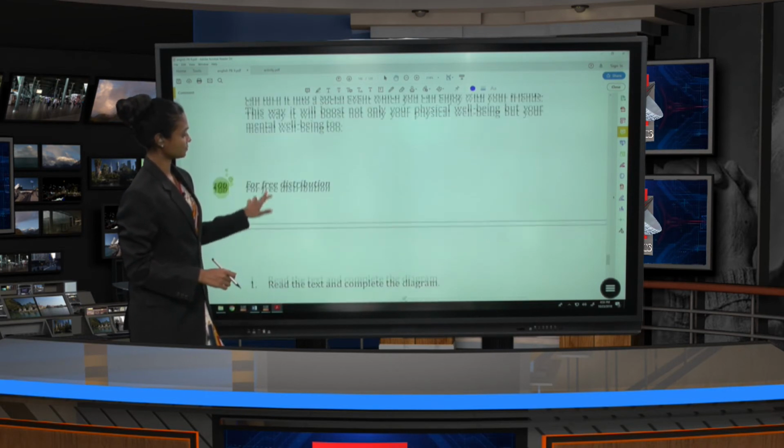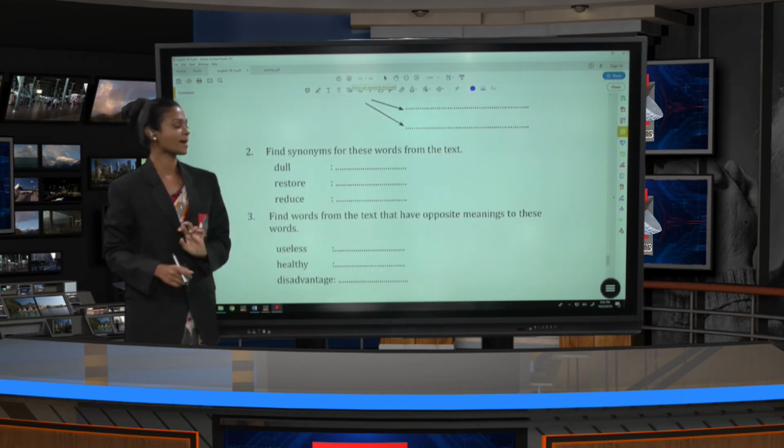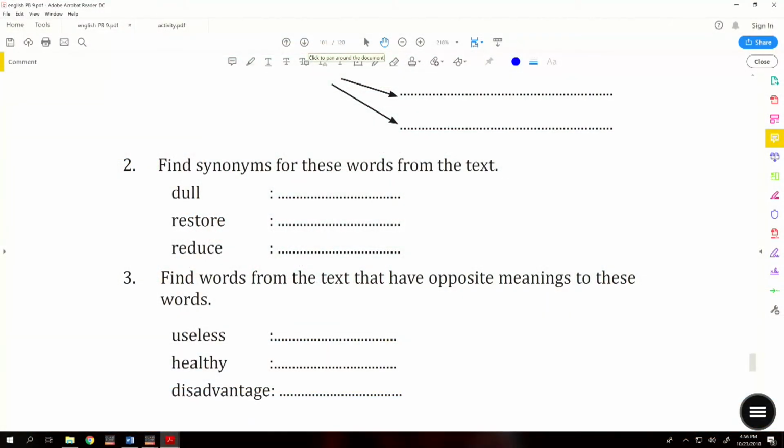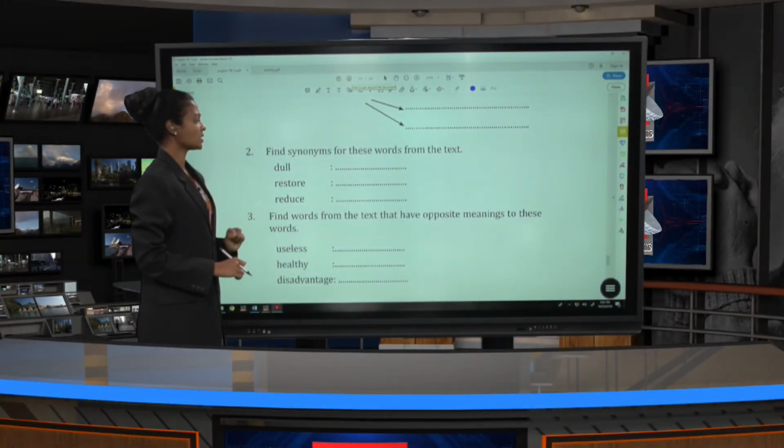Then, second question, find synonyms for these words from the text. The words given are dull, restore, reduce. And question number 3.